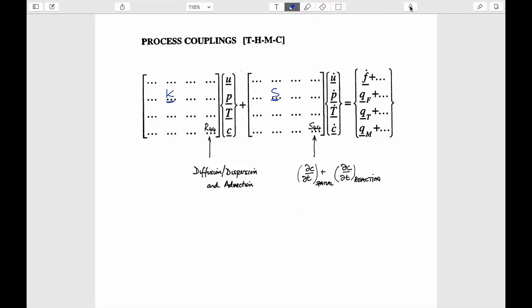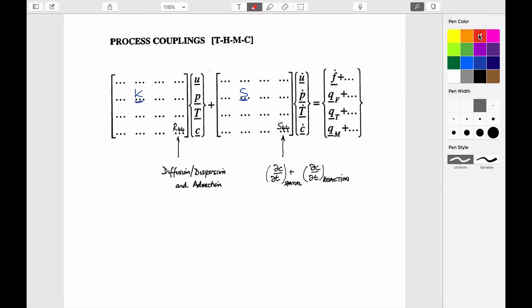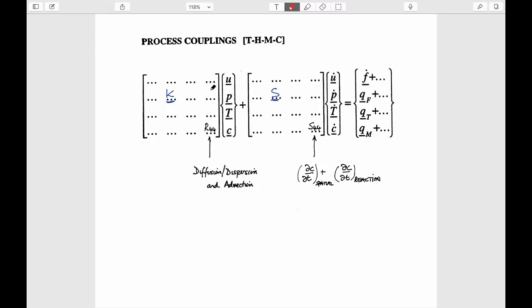When we've been talking about mass transport, we've been talking about a combined matrix which would operate on concentrations, and a storage term which would operate on rates of change of concentrations.